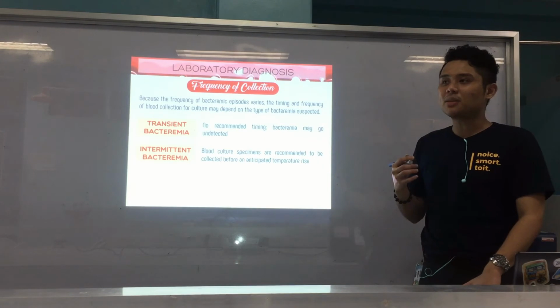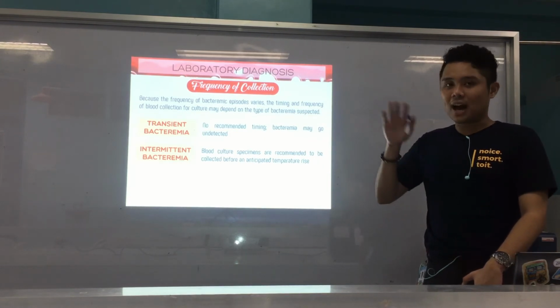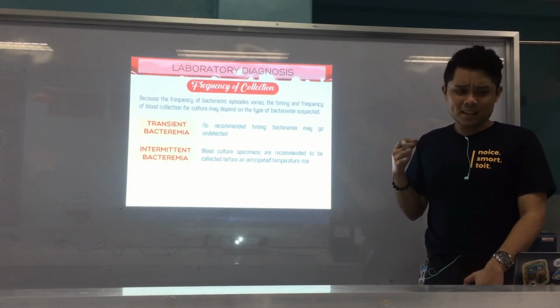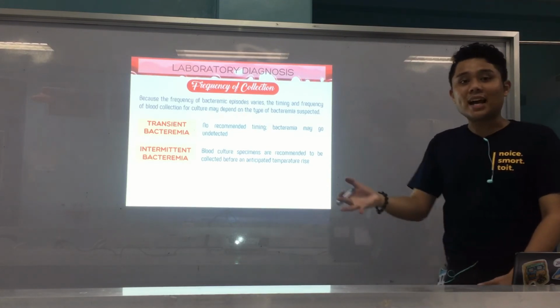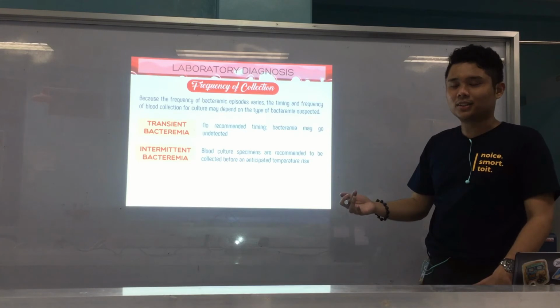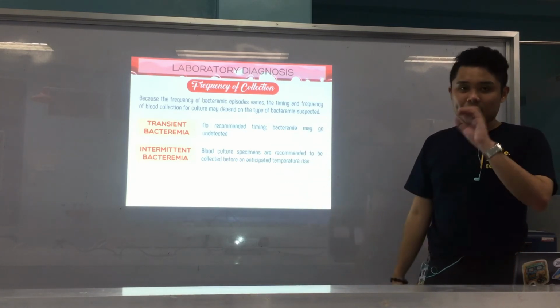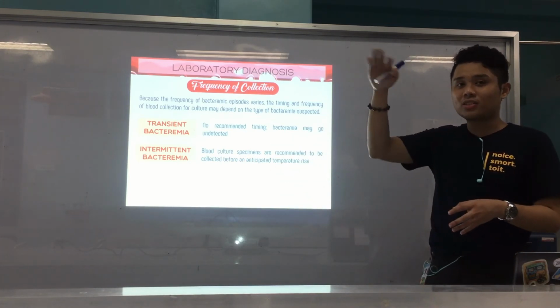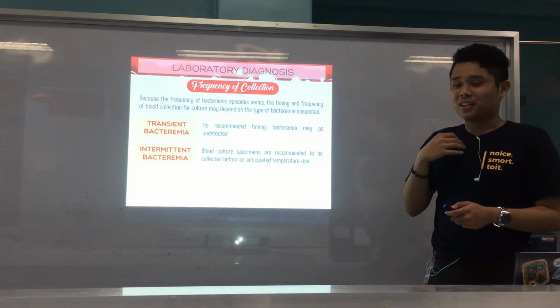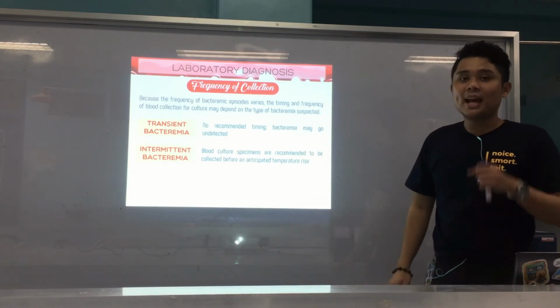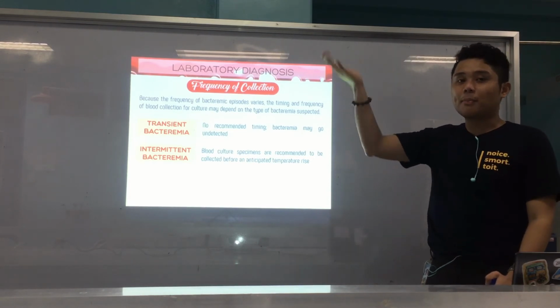So, example, if ang patient ma-experience na og sugod na pasaka or galain na yung paminaw start, dili pa jud kayo taas iyang temperature, then that is the possible best time to collect the blood sample for culture, because it is during those times na medyo taas ang concentration sa kagaw sa blood sa patient. Okay? So kung intermittent, before an anticipated temperature rise.